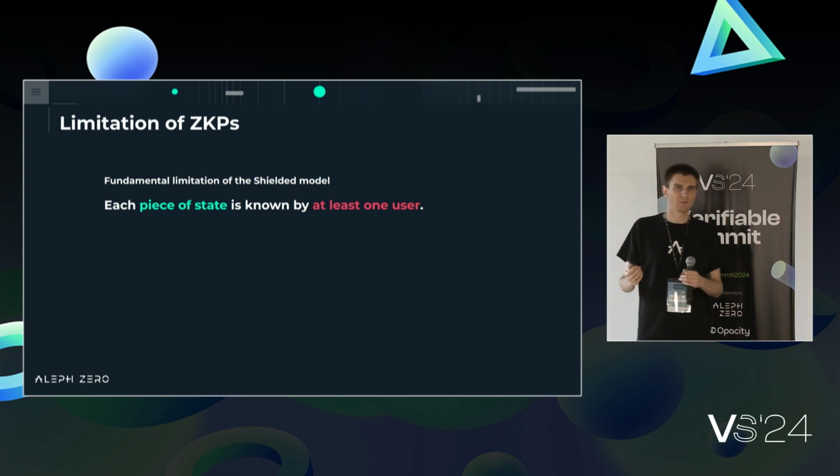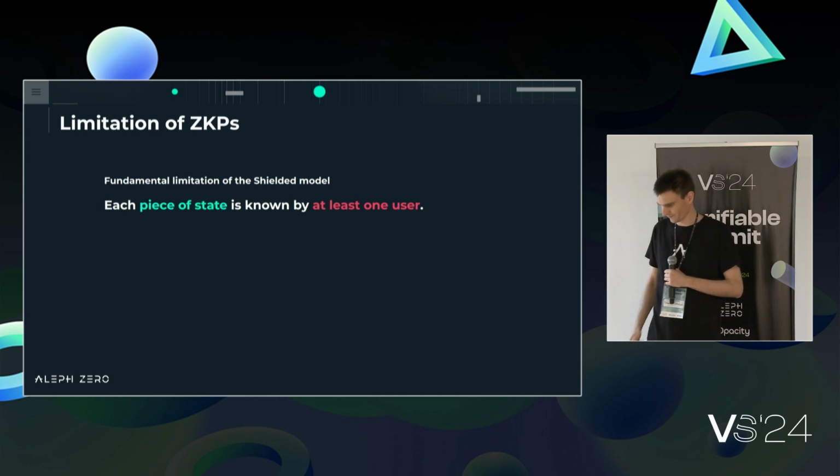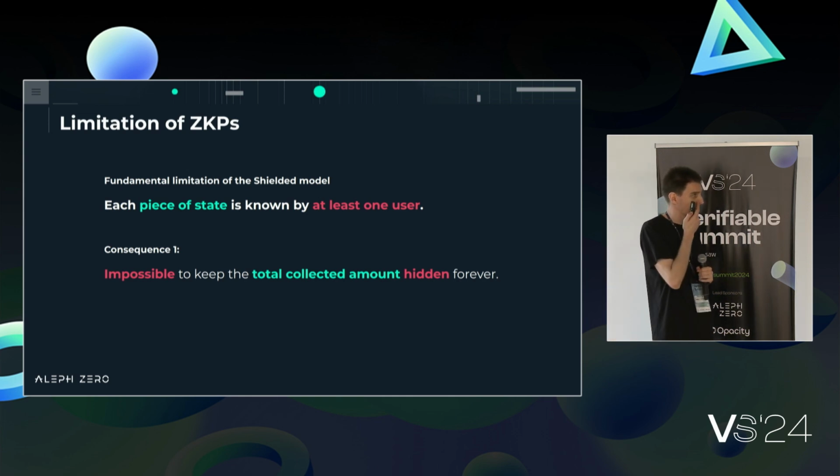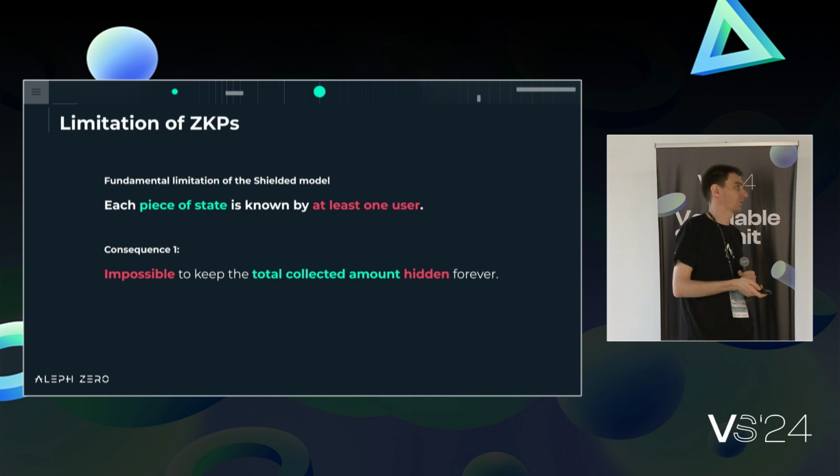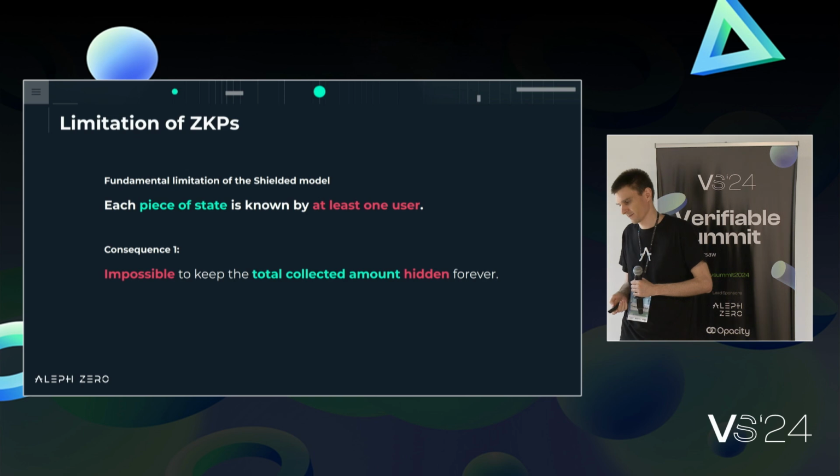So this is a limitation coming from zero knowledge proofs. There needs to be a prover, right? And if there needs to be a prover, every piece of state needs to be known by someone who can be the prover, right? So there is this consequence that in this model, this shielded model, it's really not possible to keep the total collected amount hidden forever. Why?